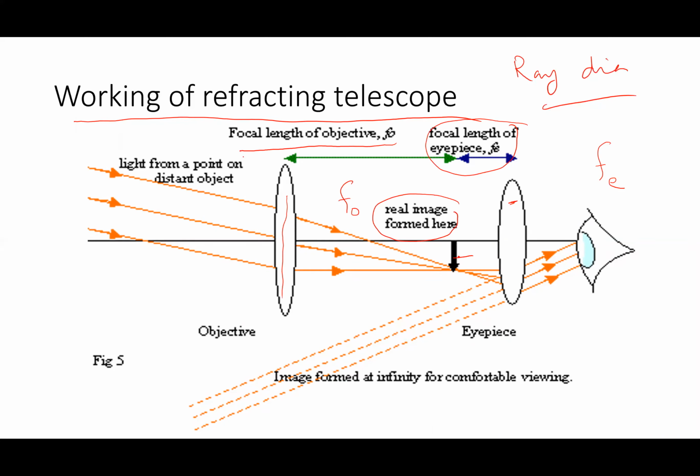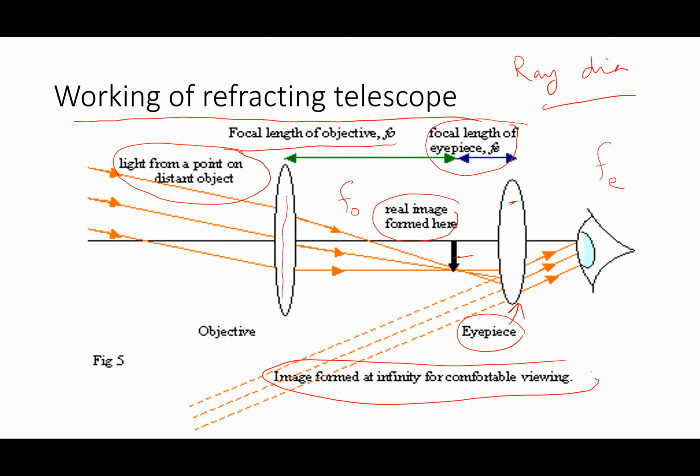Light from a point of an object which is at infinity. Here is written eyepiece for this. Image formed at infinity for comfortable viewing. So light is coming from far objects. After refraction, it will be collected at this point and image will be formed.